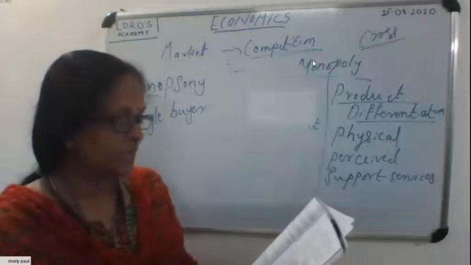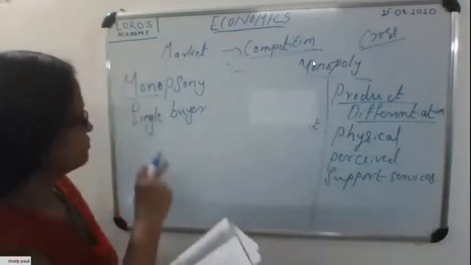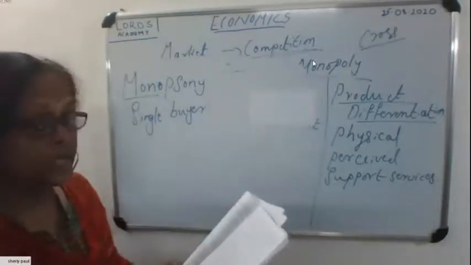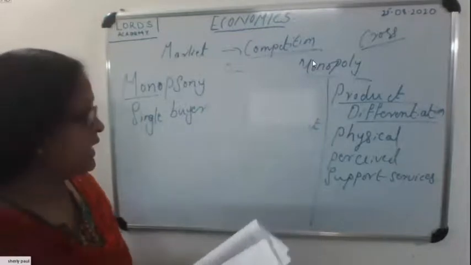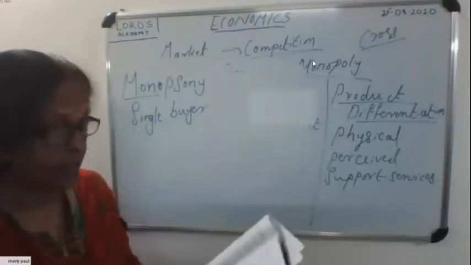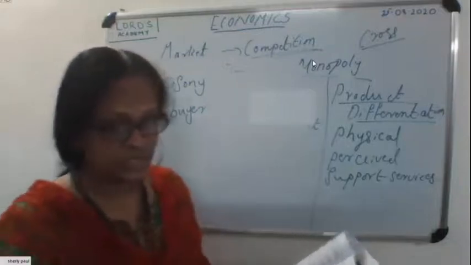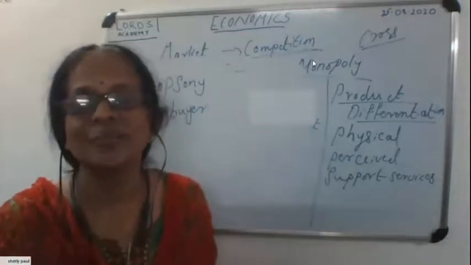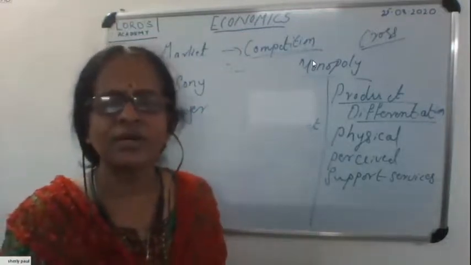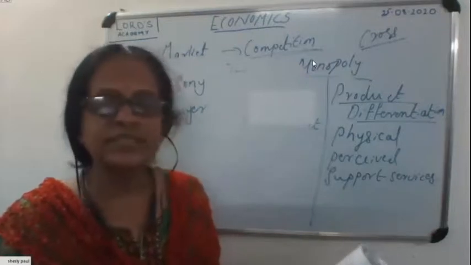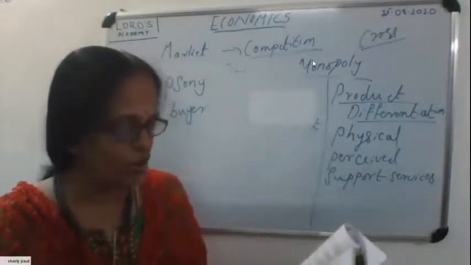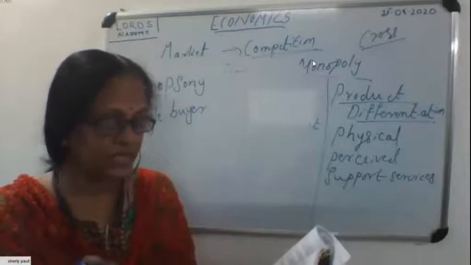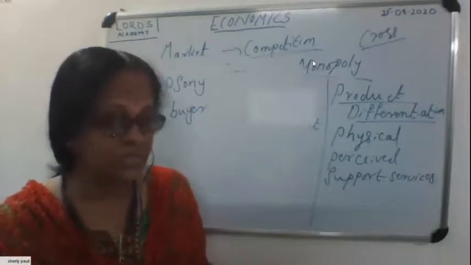It is important to remember that in monopsony there is a single buyer in the market, for example the railways buying railway wagons and engines. The railway is the only buyer; they only need the railway wagons and coaches. The electricity board is a single buyer of power, while on the seller side there may be a single seller.